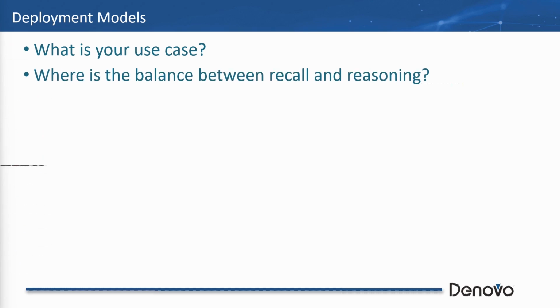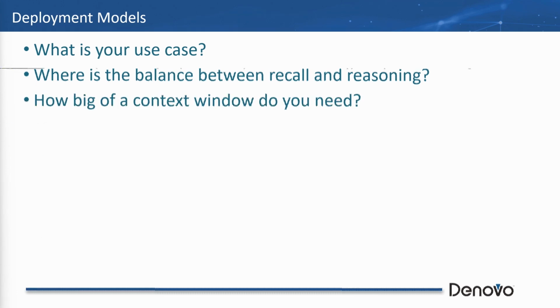You need it to work out an alternate route for MRP. You need it to do things that are a lot more intensive. That's going to help determine how many parameters you need, what size model, what size context window, how much information from your vector database you are going to be supplementing to it.